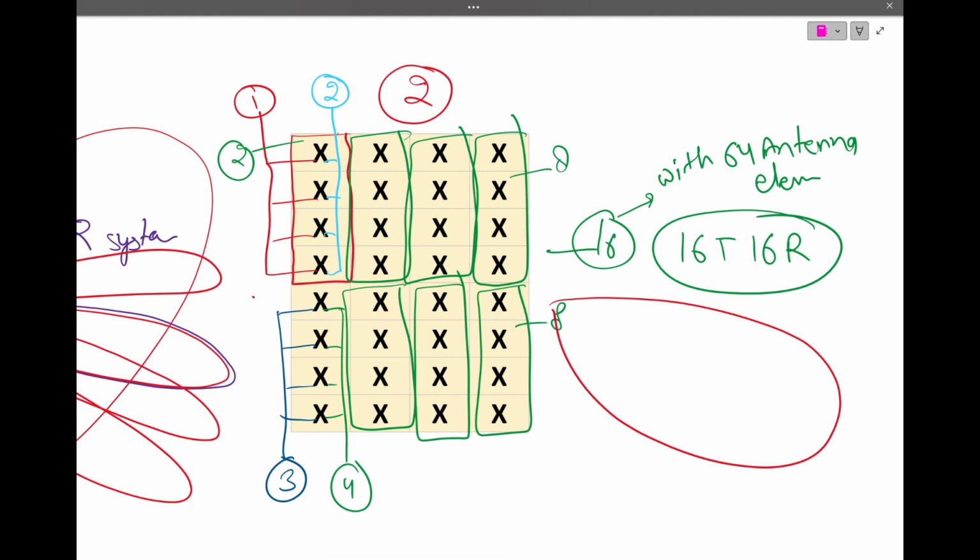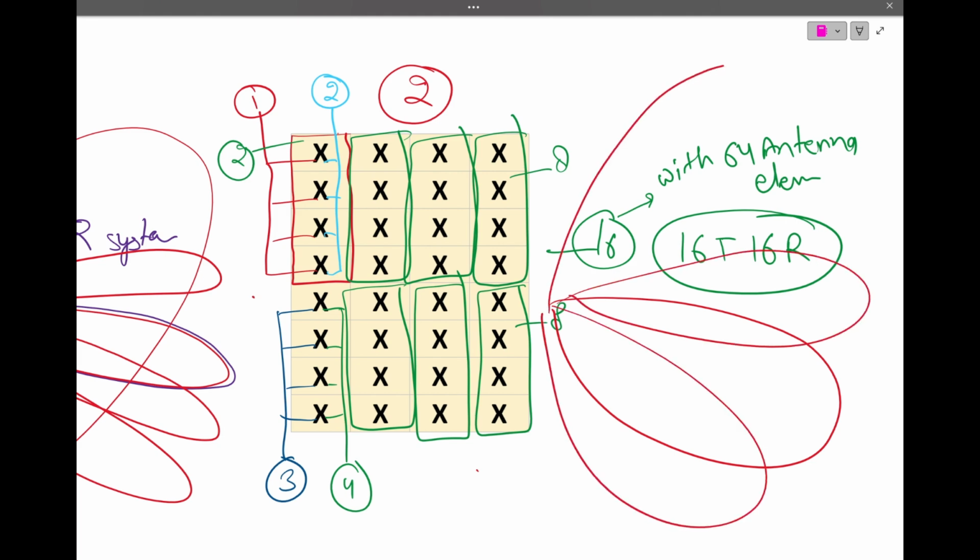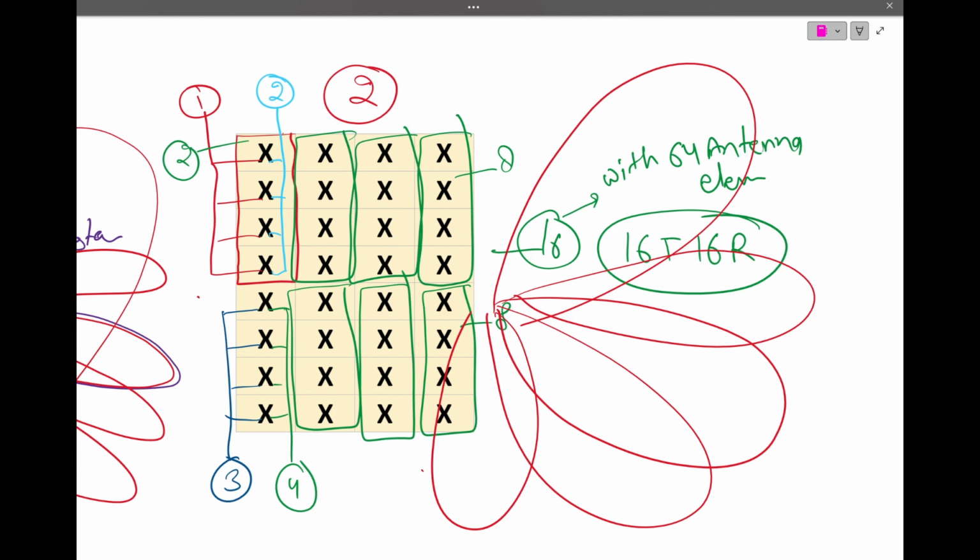There will be 16 beams, and the direction of the beam will depend on the phase given to each input. All the beams will be wider horizontally. If it is 120 degrees, all the beams will cover the same 120 degrees, with vertically narrow beams.